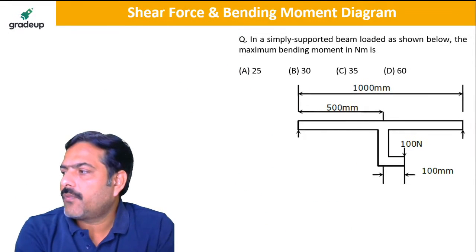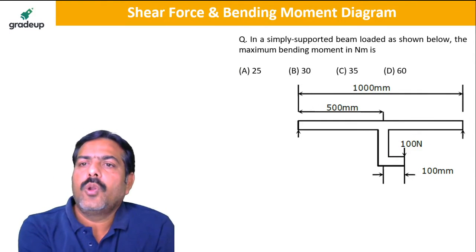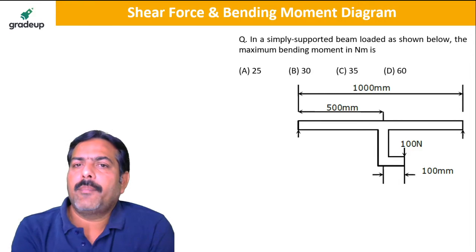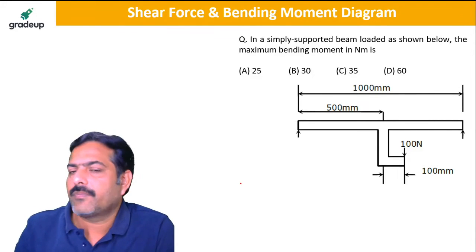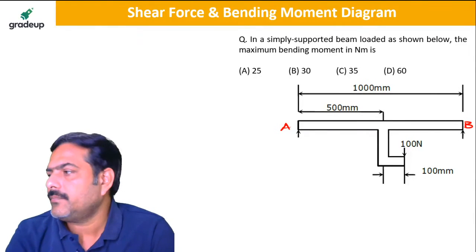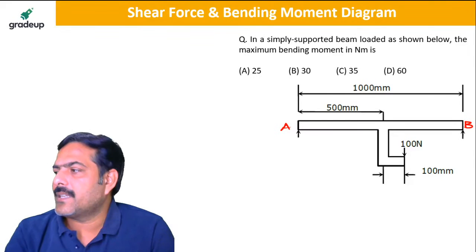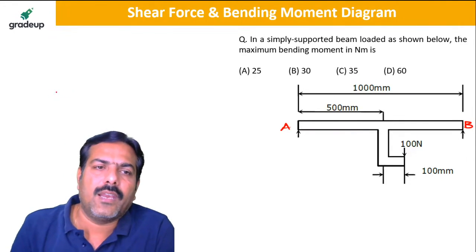So the last question for this class, my dear friends: a simply supported beam loaded as shown in the figure. The maximum bending moment in Newton meter is, this is A, this is B. Imtiaz, the area of the trapezium will be difficult. You take UDL and UVL separately.